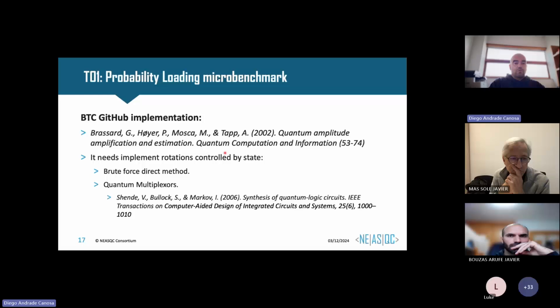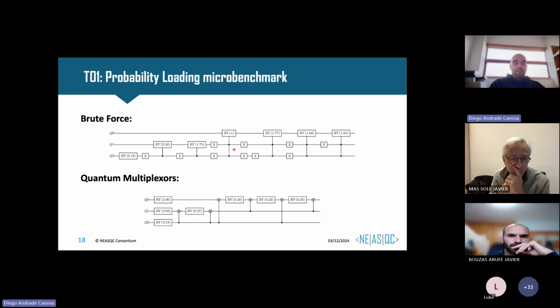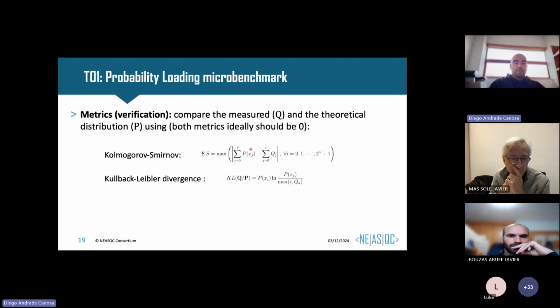And then I'm going to tell you several details about our example implementation of the benchmark and the algorithmic approaches for the implementation that we tested. And finally, I'm going to tell you about the verification metrics that we have used for each specific case.